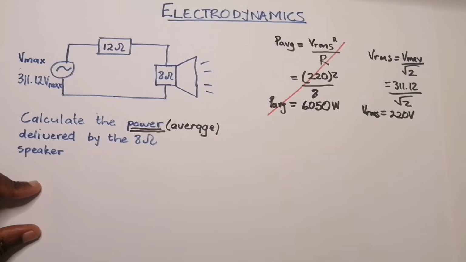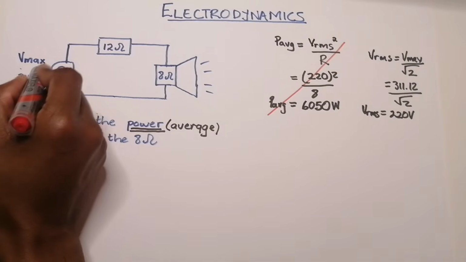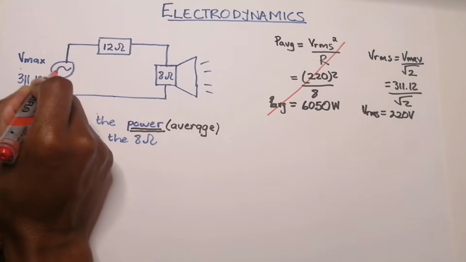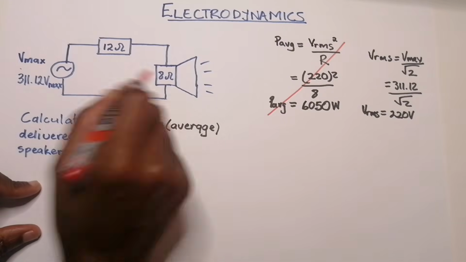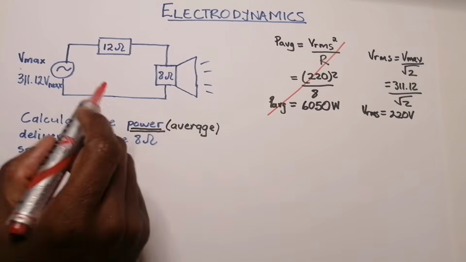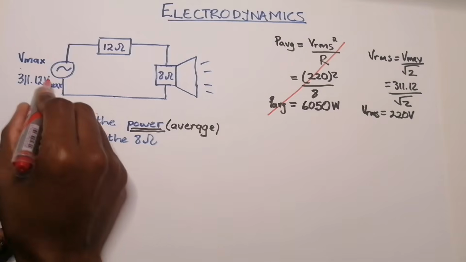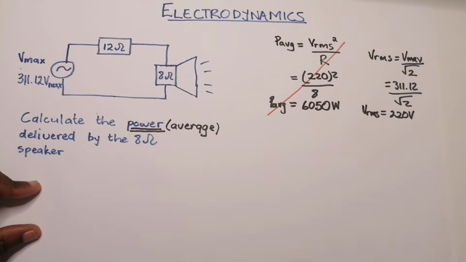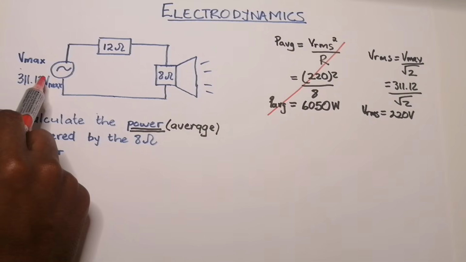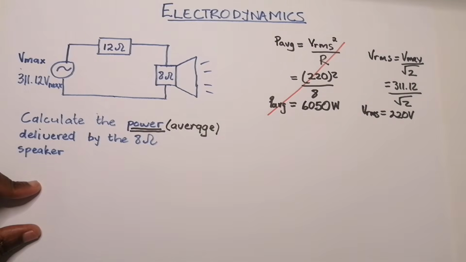So what does that mean? It means that the voltage that is provided here will be divided across those two resistors. So there is no way that that voltage, or the RMS equivalent we've calculated, is simply supplying this one only.